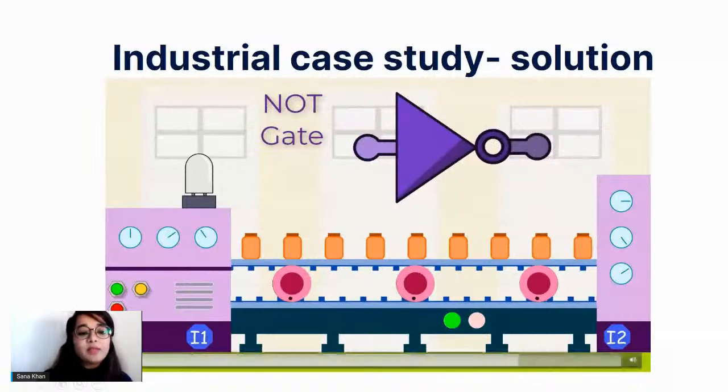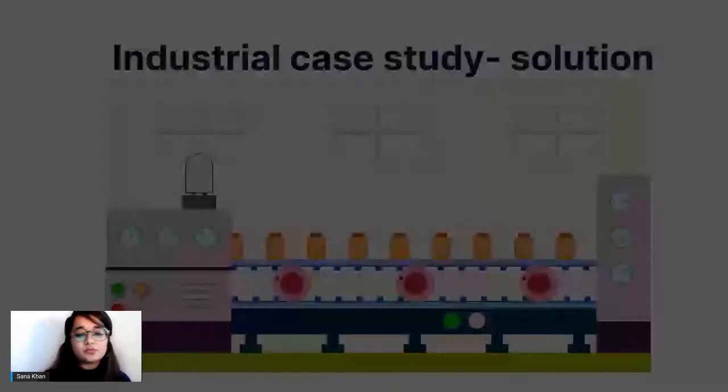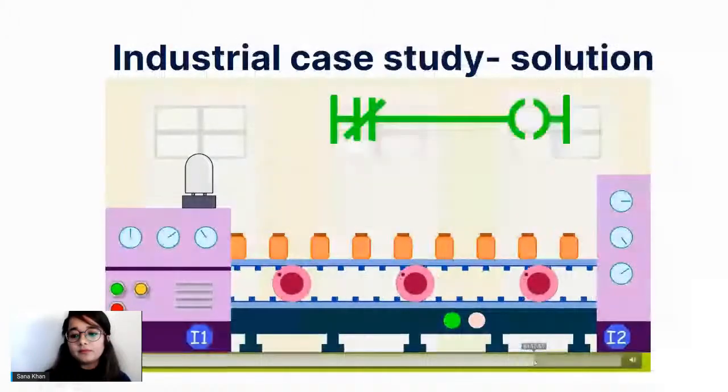And why am I doing that basically? I'll just show you in a rung. All right, so I have used a normally closed switch over here, right? That means, in its normal state, my conveyor belt should continuously keep working. That is why I have used a normally closed switch over here, and not a normally open one.